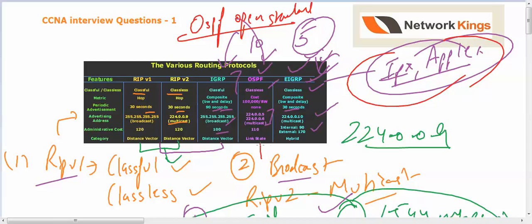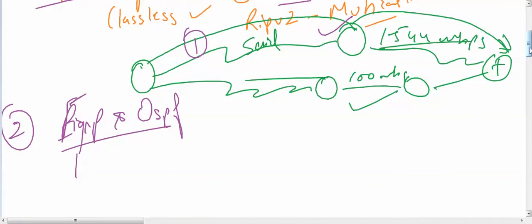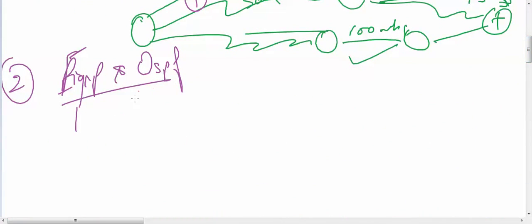OSPF is link state, and EIGRP is hybrid. What is hybrid? It is the combination of distance vector plus link state. So this is the main thing.